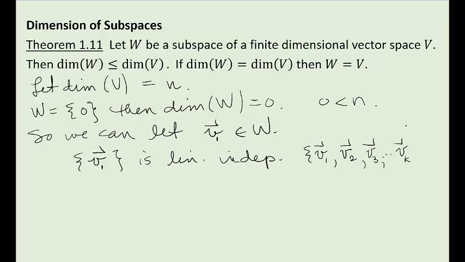In other words, we go to the point where we have to stop, because any vector that we put in further than that will be a linear combination of the first k vectors.